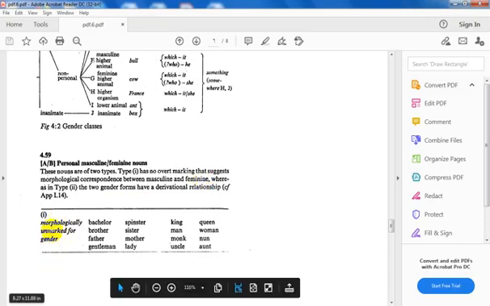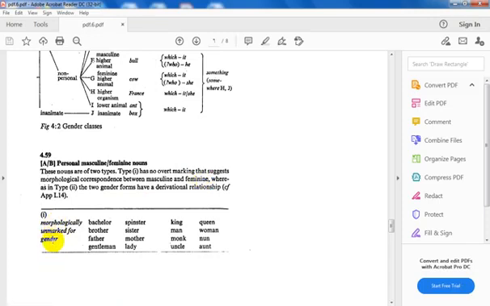Let us take a simple example in Arabic: أب and أم. Is there any connection between the morphology of أم and the morphology of أب? Is there any similarity between the inner structure of the two? There is no connection between them.